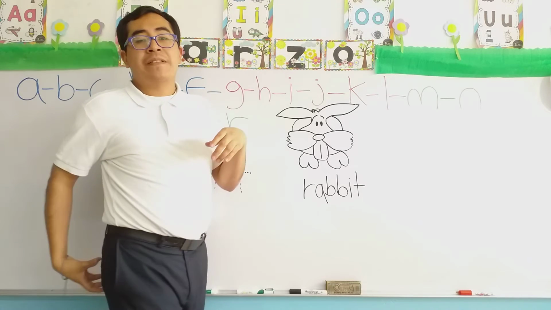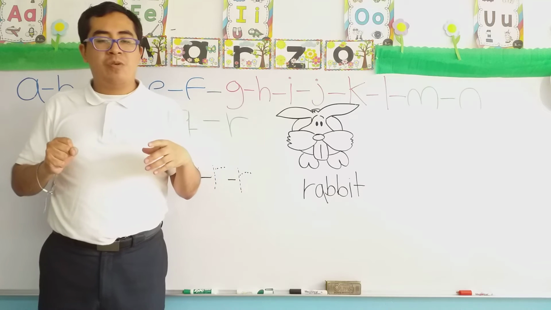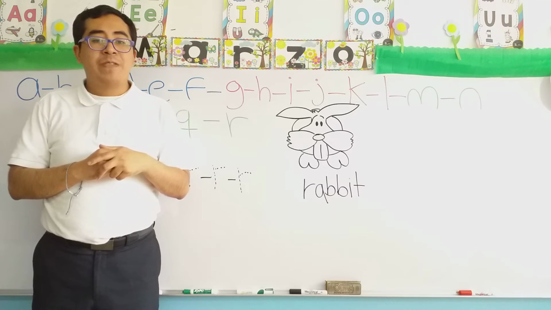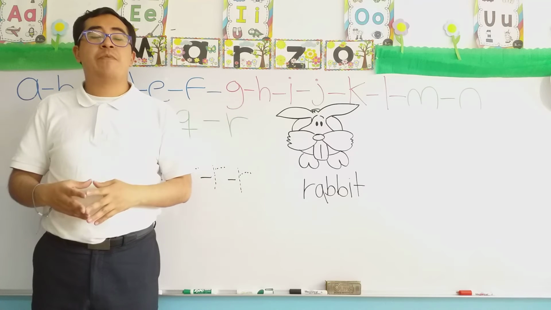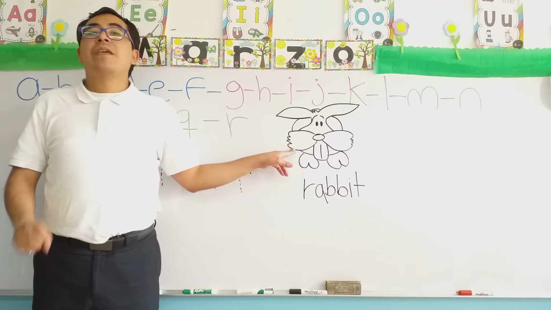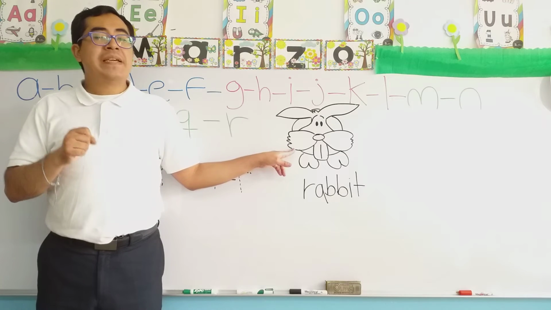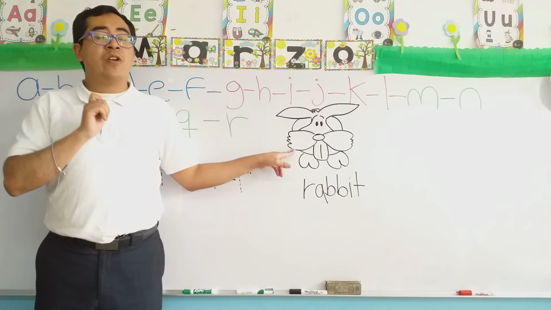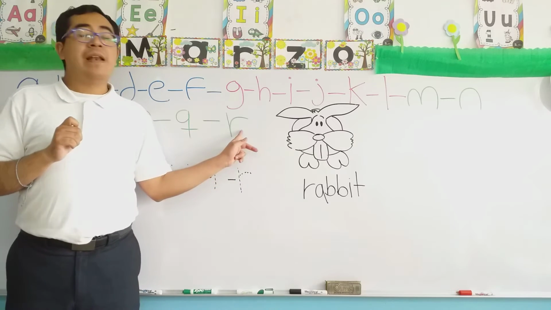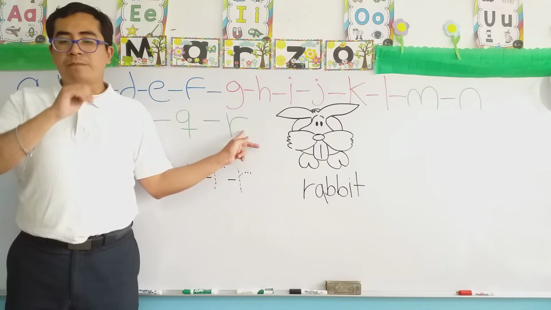And they have a tail that looks like a circle. Y tiene una colita en forma de círculo. Okay? Those are characteristics that are very important for the animal of today, the rabbit. And of course, rabbit is an animal or an object that uses small r, the letter of today.